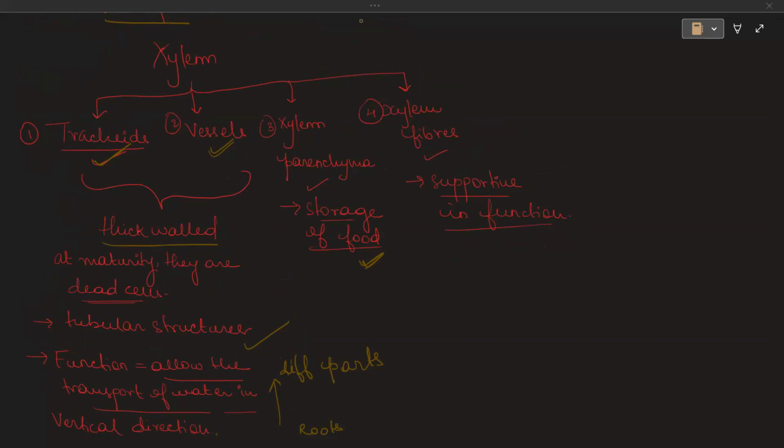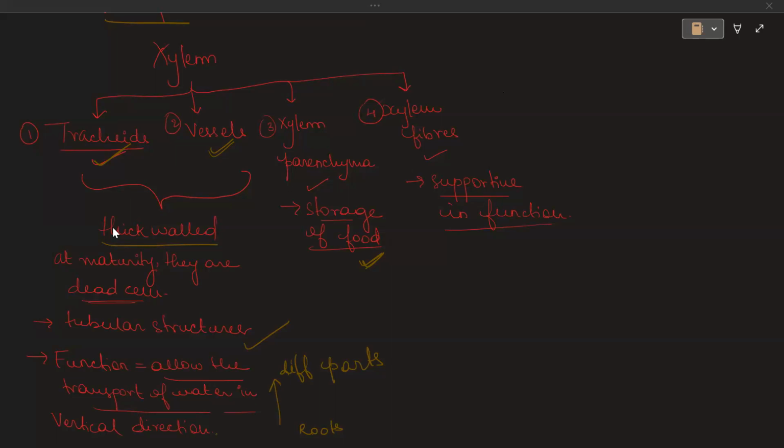Ma'am, can you repeat once again? Yes. The xylem has four components: first the tracheids, then the vessels, then the xylem parenchyma, and finally the xylem fibers. The tracheids and the vessels are both thick walled, and at maturity they are dead cells.